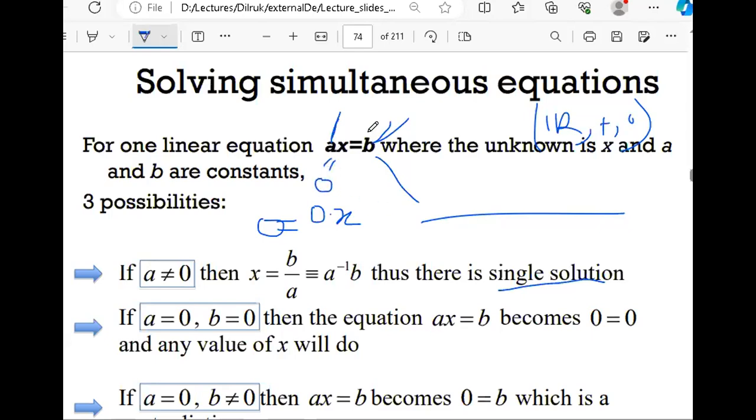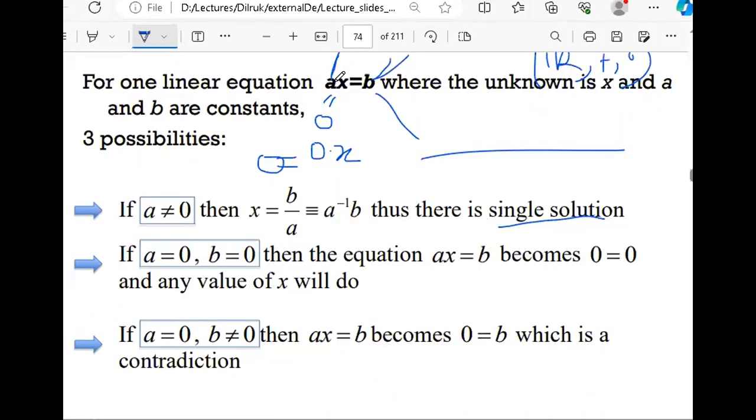What if the right hand side is not equal to 0? Then the equation is inconsistent, since 0 cannot equal something non-zero. So when a is equal to 0 and b is non-zero, this equation does not have any solutions.